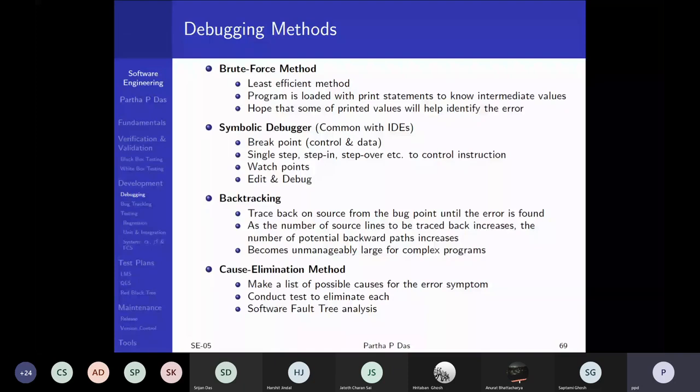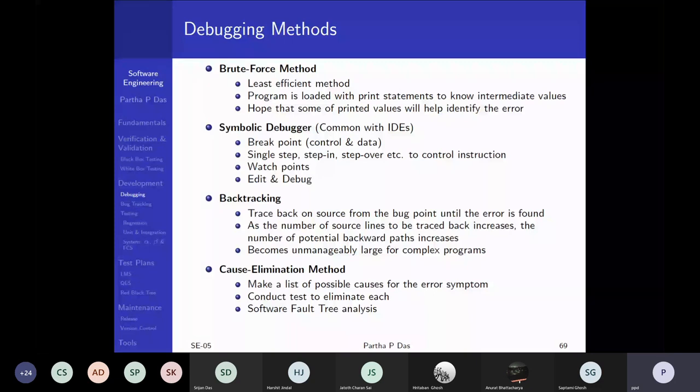Another is the cause elimination method. 90% or maybe more of bugs happen out of 10% of causes. There are a few very standard reasons why a bug has happened, right? So once you are analyzing the bug, one very practical engineering strategy would be to first eliminate those one by one, because in that process 90% of the time you will hit the correct bug, since it's about guessing what possibly has gone wrong.